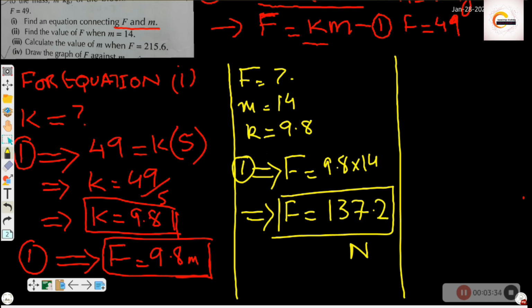So the second part is solved. Now the third part: calculate the value of m when F is equal to 215.6.